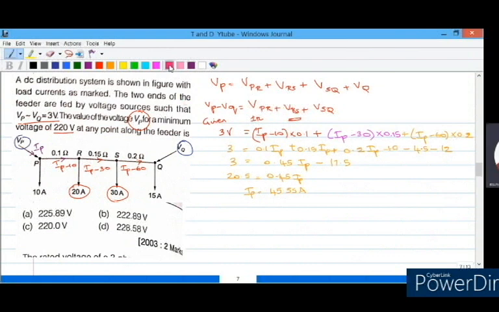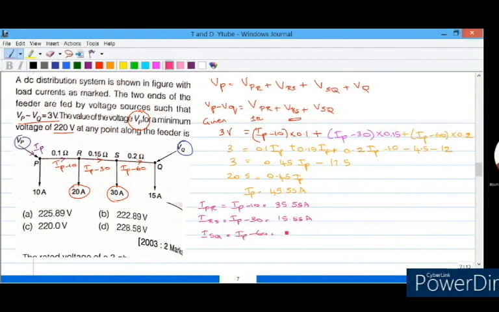Now let's apply here. What is the current which flows in PR? It is actually IP minus 10. So the answer is 35.55 amps. And the current that flows in RS is IP minus 30, so the answer is 15.55 amps. And the current that flows in SQ is IP minus 60.